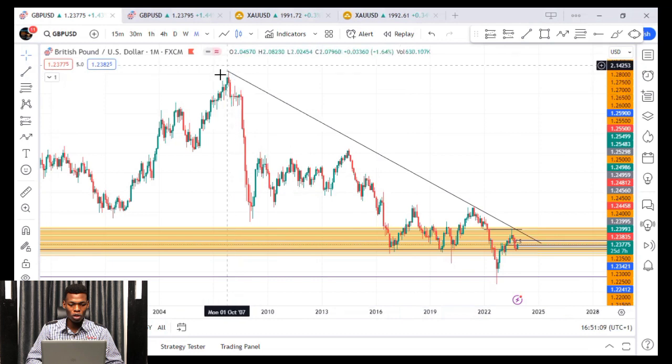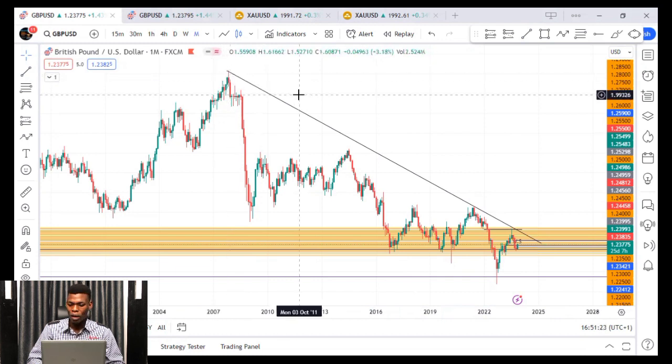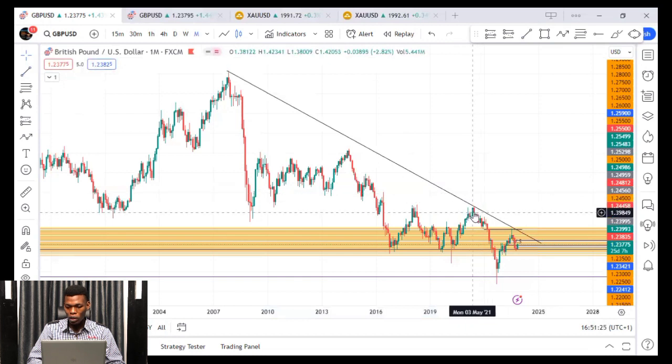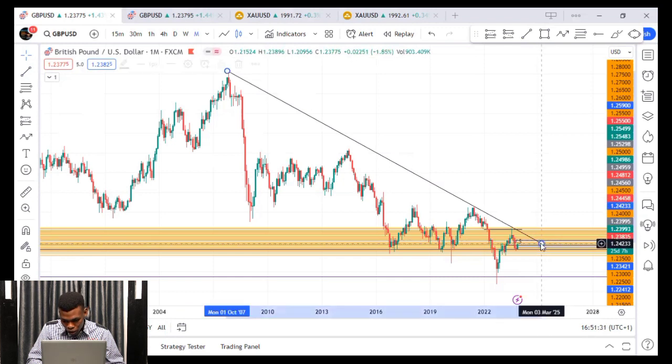This is the first touch here, around October 2007. Here now is the second touch that we decided to use. Let me make the trend line touch it very well.